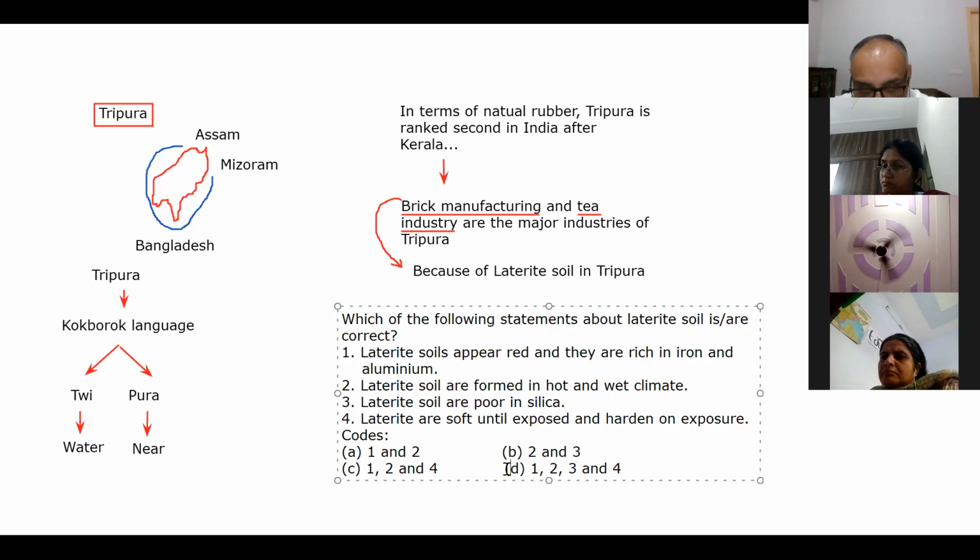Will anybody of you be able to answer this?